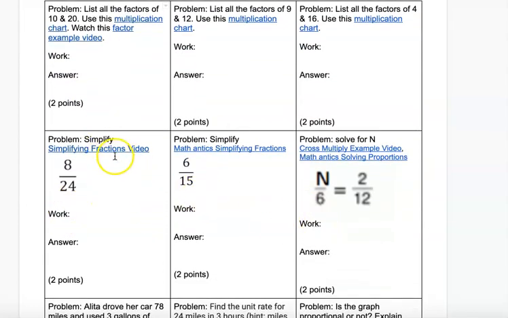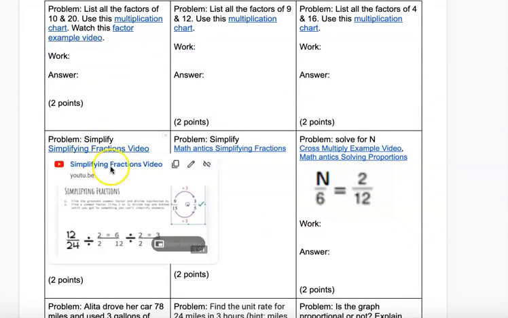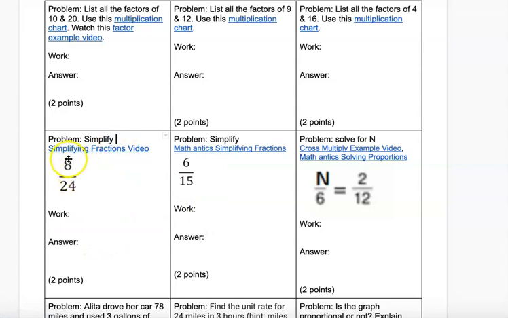Simplifying fractions. Again, I'm going to ask that you go watch this video here on how to simplify fractions. The key is if they're both even, start by dividing them both. Divide by 2 over 2. Then you do 8 divided by 2 equals, 24 divided by 2 equals, and then that's actually your fraction.